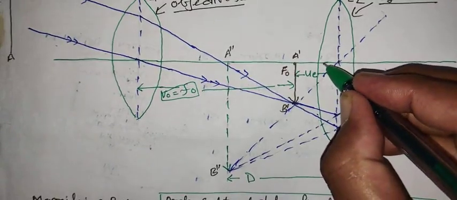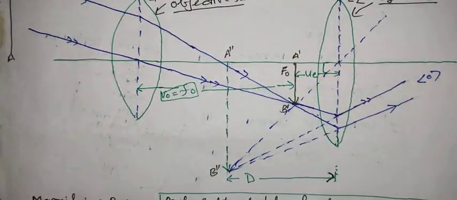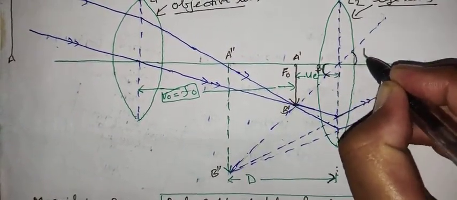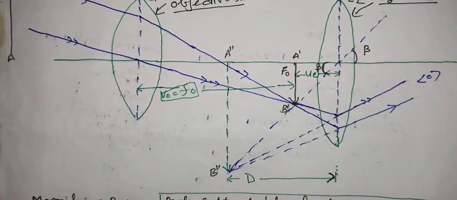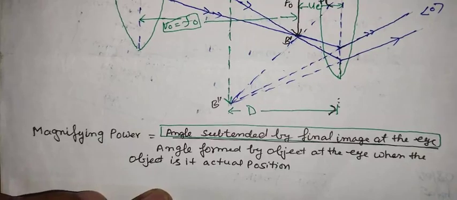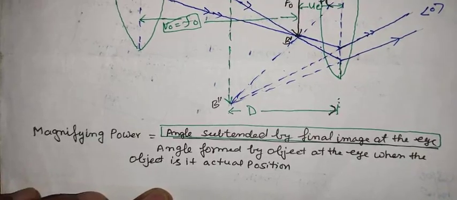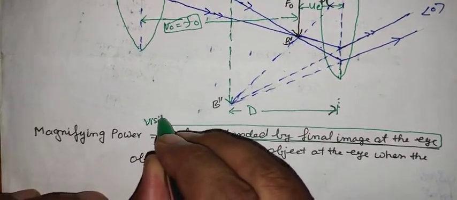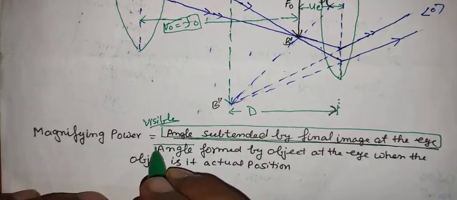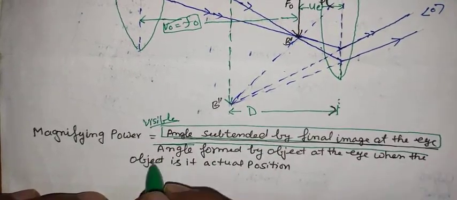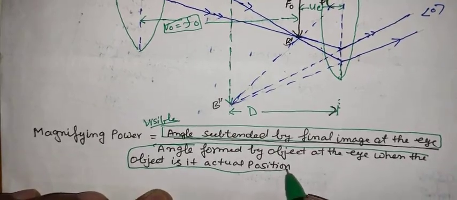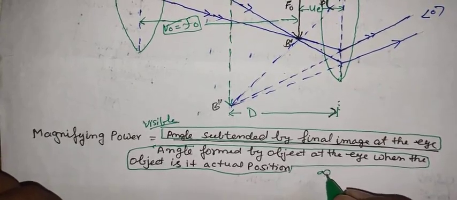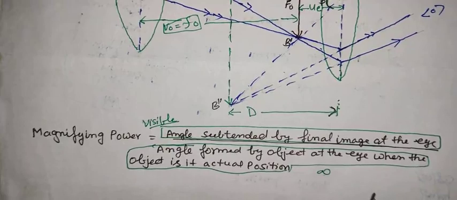At the eye lens this angle is subtended, let it be beta. This angle will also be beta because it is a vertically opposite angle. In the second part, the angle formed is the visible angle from the object when it is at its actual position, which is at infinity, and normally viewed.